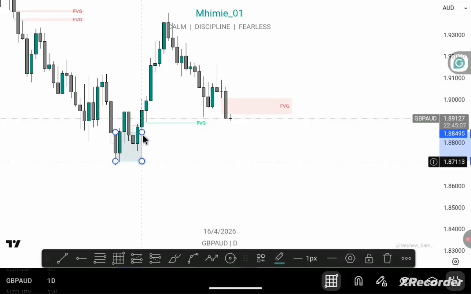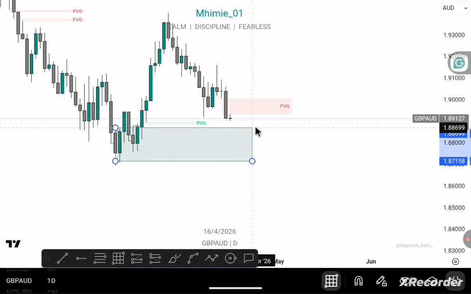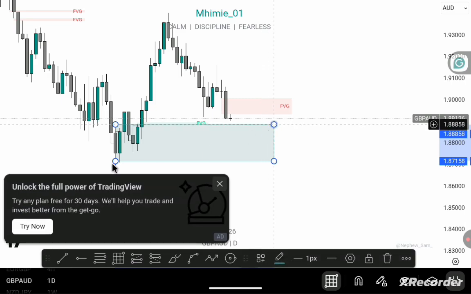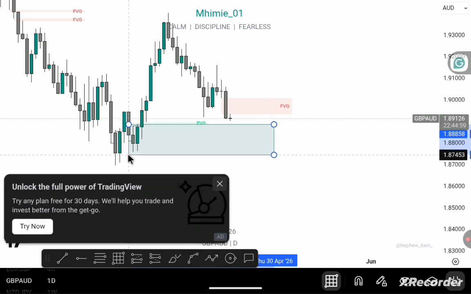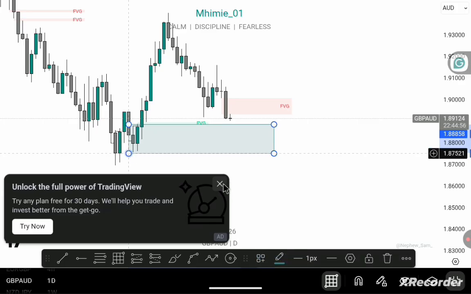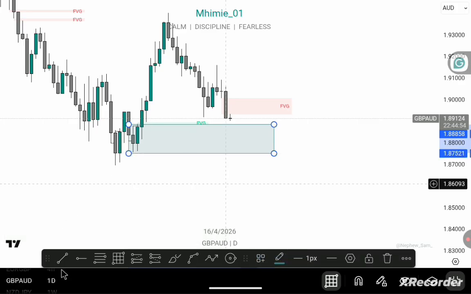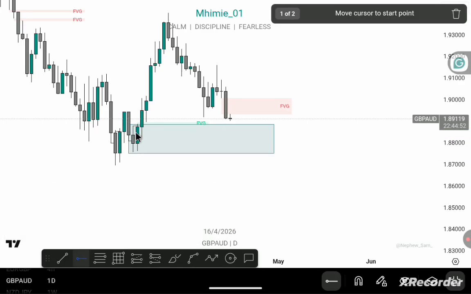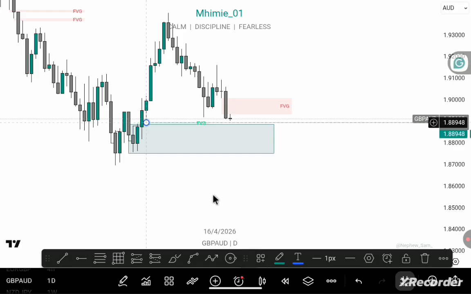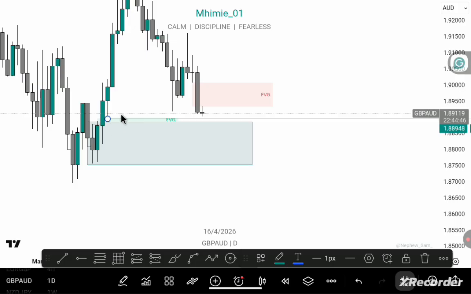So that means our key level is sitting somewhere right here, and now the FVG that is above it verifies that that is a key level to not neglect. Do you understand? So we are looking for price to eventually at least take out this low. I hope you can see my screen. So we are looking at price should eventually take out this low.